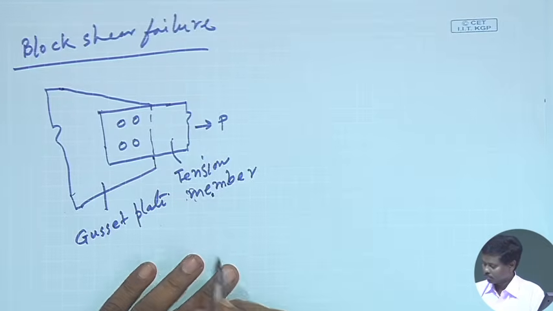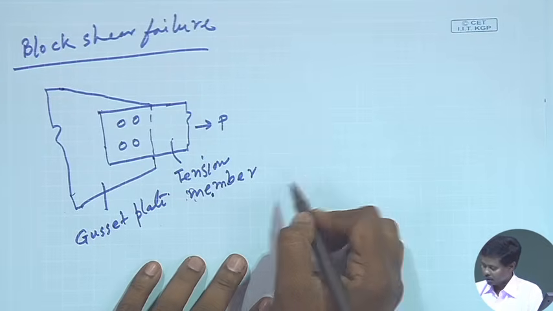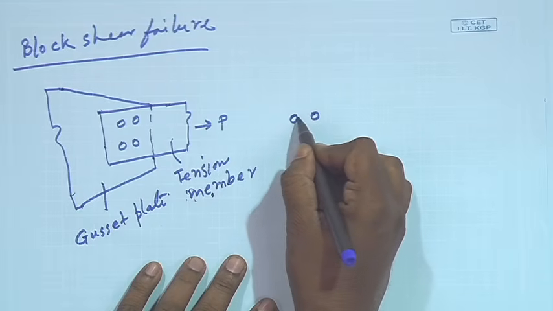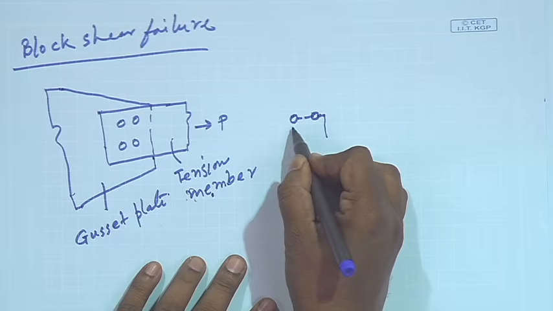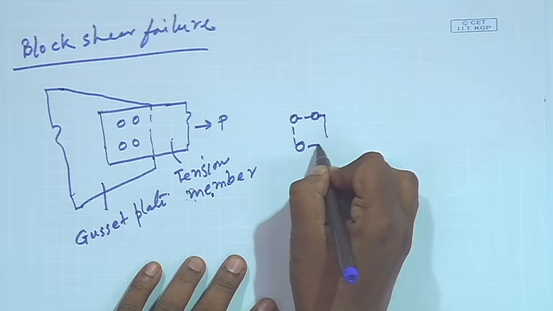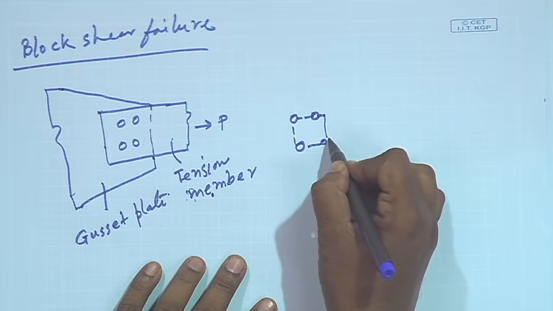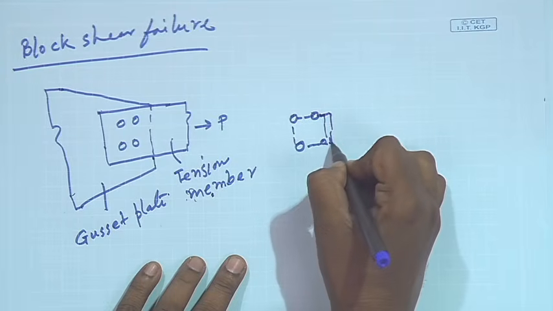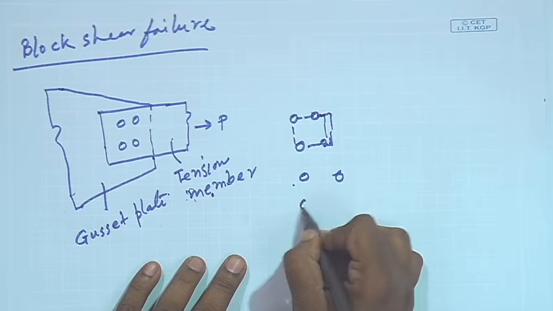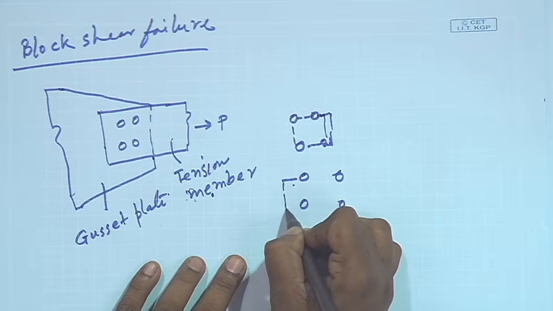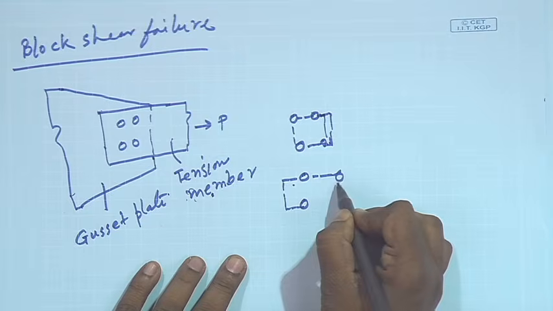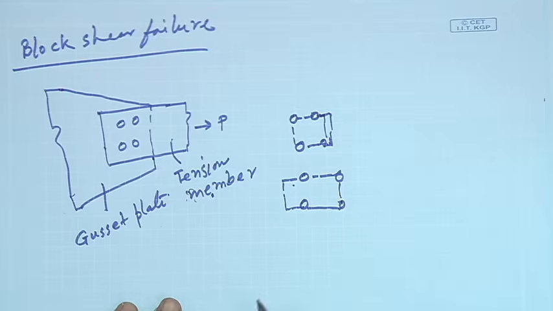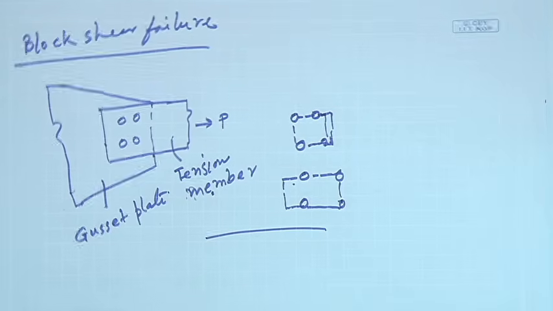This block shear failure may happen in this way, as a whole it may fail. This is one way, or we have this another way. So, this is called block shear failure.